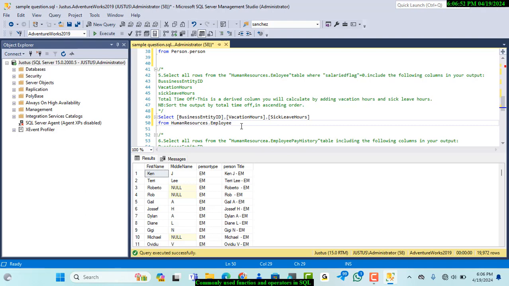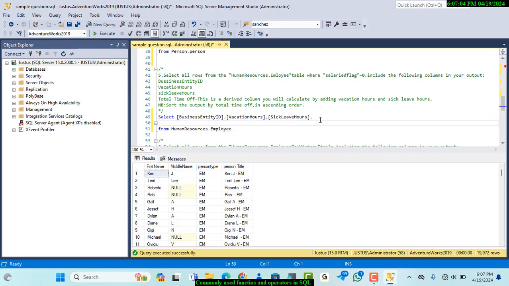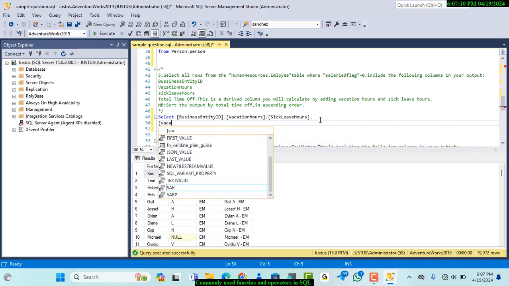So how do we go about adding the two to get the derived column? So we're going to add the column vacation. I'm going to open a bracket and add vacation.